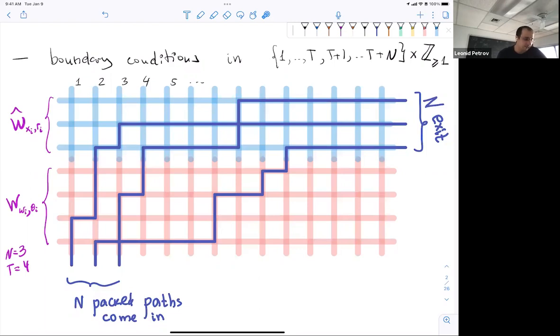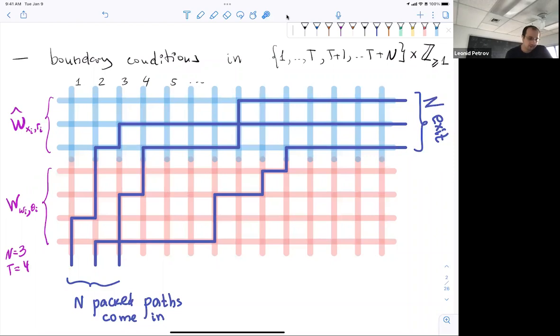And one of them, n, is the number of paths here, and t is the height of the red part, which can be arbitrary. So t and n are independent integers, and then the height of the blue part should be n, because I want to impose boundary conditions as follows. So first of all, I start with n densely packed paths at the leftmost bottom corner, and then they must exit far to the right.